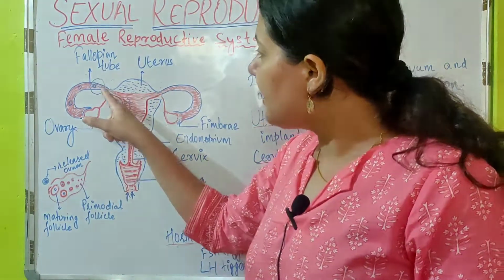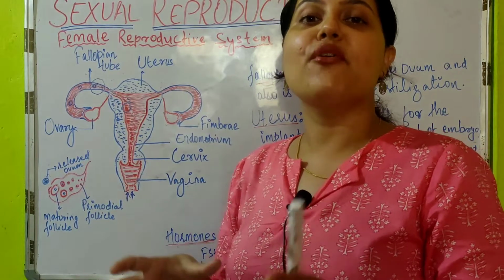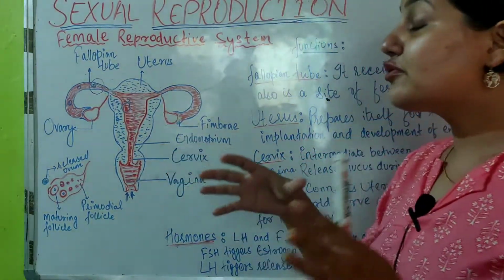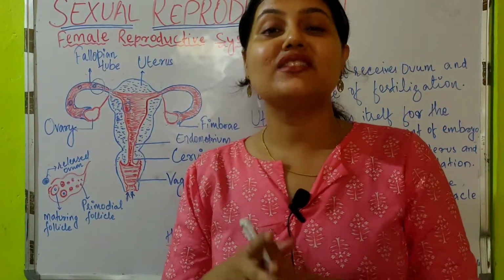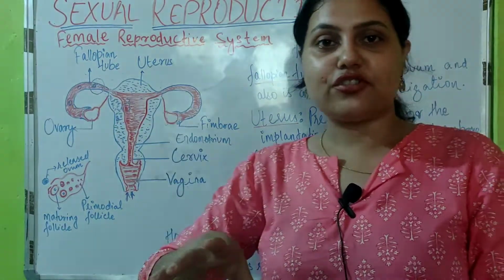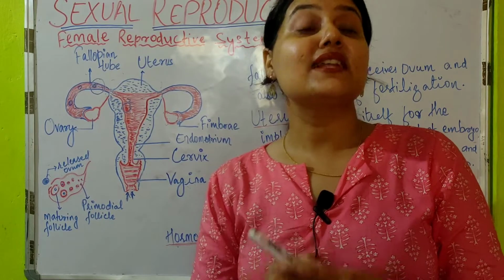This is the most favorable place for the formation of zygote, that is, for fertilization. Which is the most favorable place for fertilization? That is the fallopian tube.